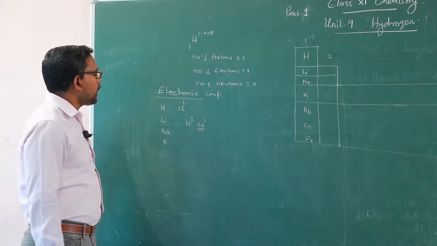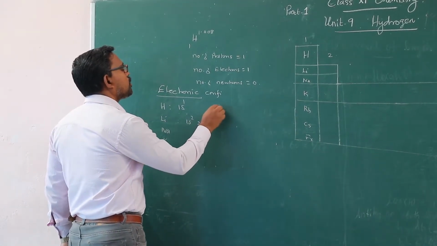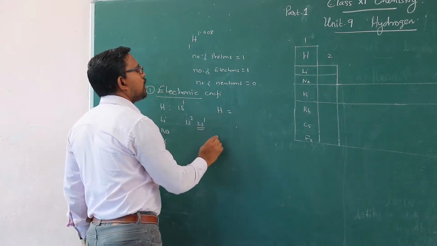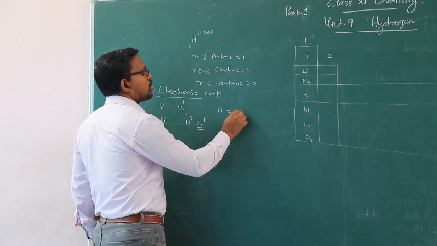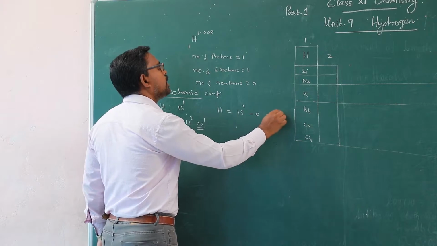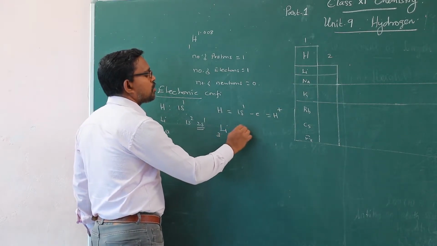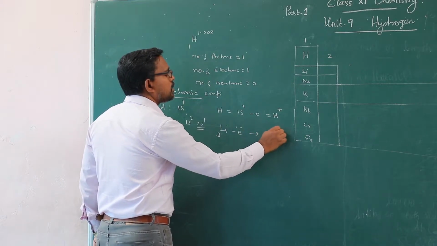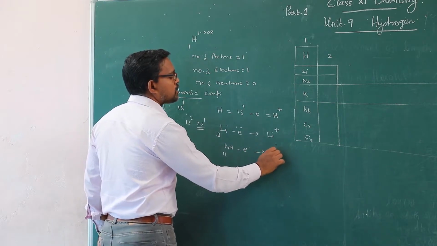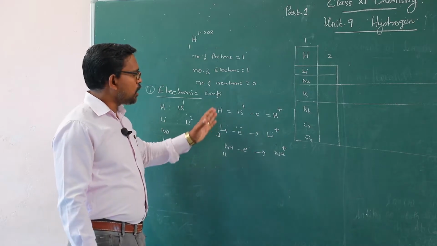Therefore, hydrogen readily loses one electron from the valence shell: 1s1 minus one electron gives H plus. Similarly, lithium also loses one electron and becomes Li plus. Sodium loses one electron from the valence shell and becomes Na plus.